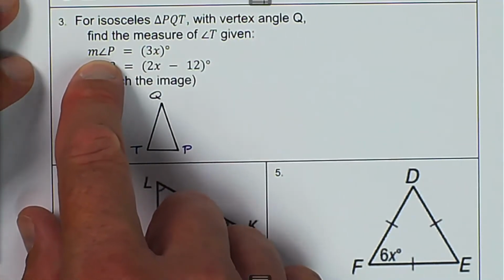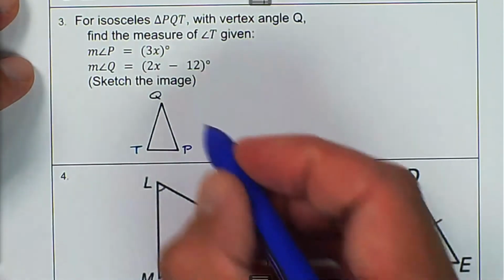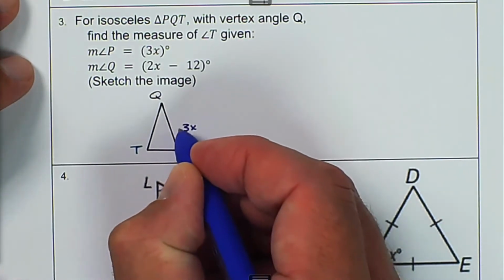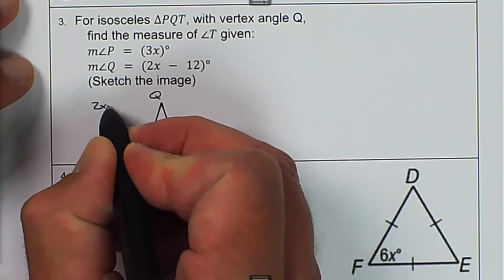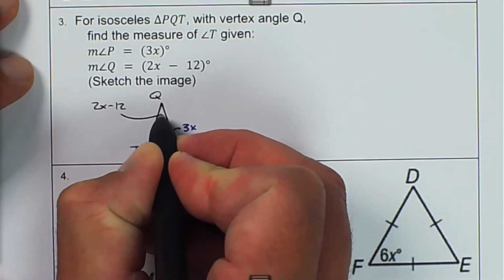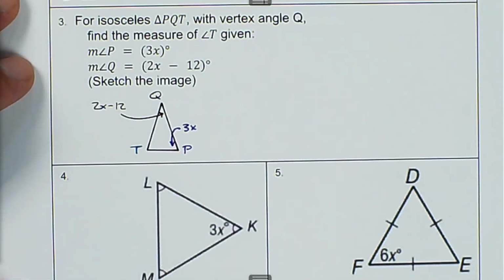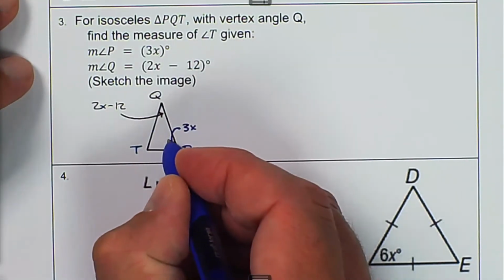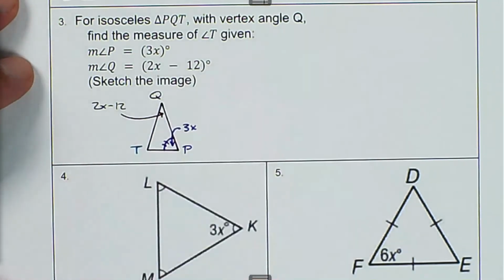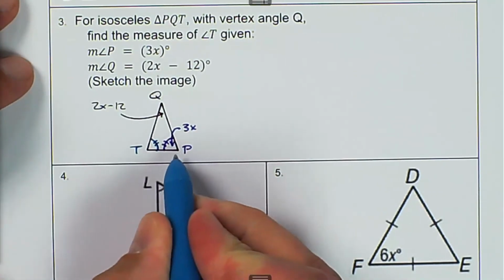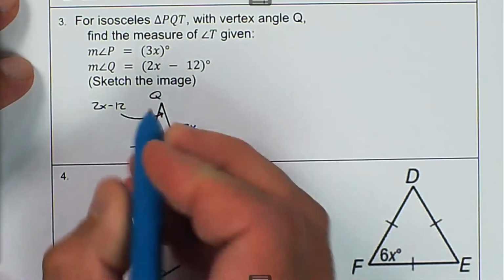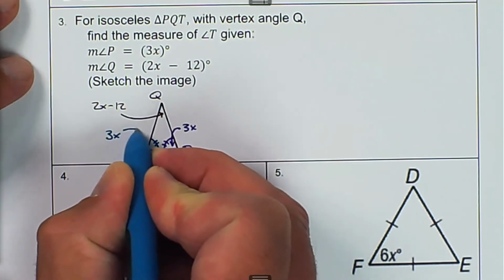The measure of angle P is 3x, and the measure of angle Q is 2x minus 12. Because this is an isosceles triangle, the base angles are congruent. So if this base angle is 3x, then this base angle also has to be 3x.